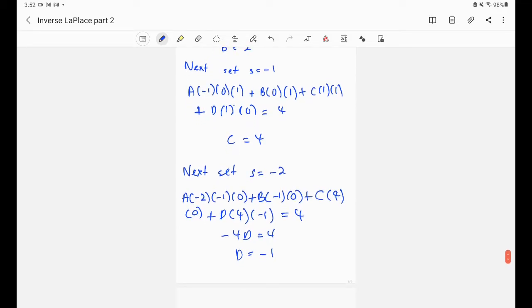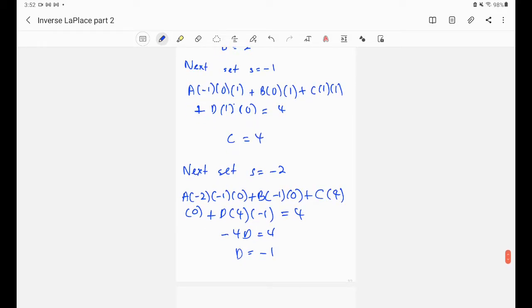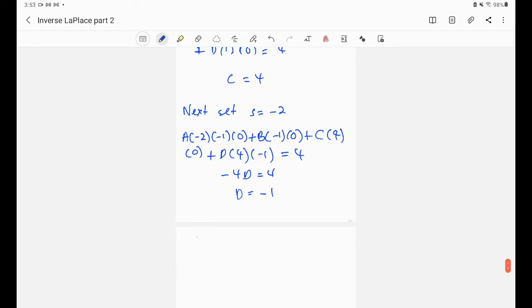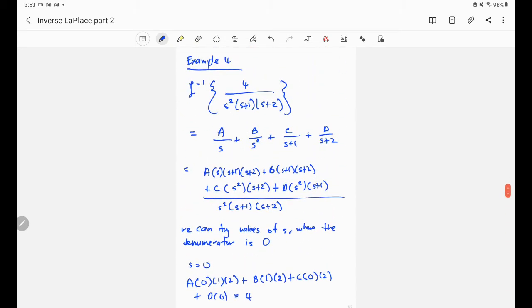To find A, we need to expand this equation here.